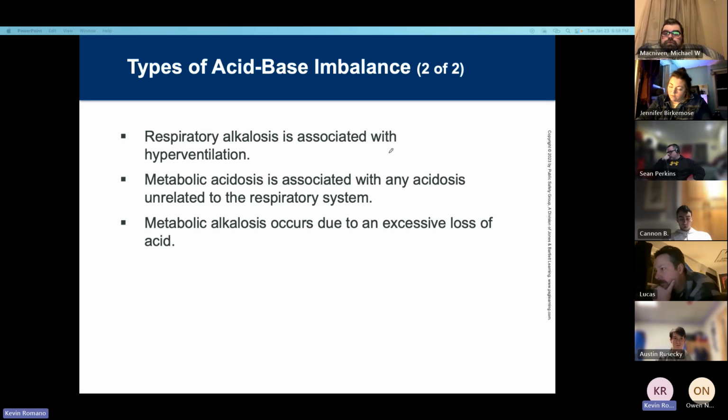Metabolic alkalosis occurs due to an excessive loss of acid. Patients that are in cardiac arrest will be in a metabolic acidosis, along with being in a respiratory acidosis as well. Okay, so that's what we're looking for there.